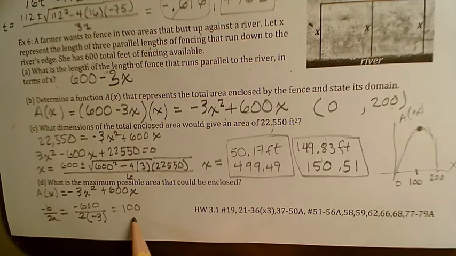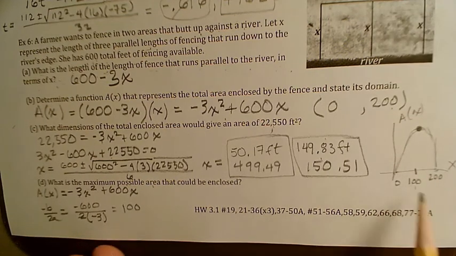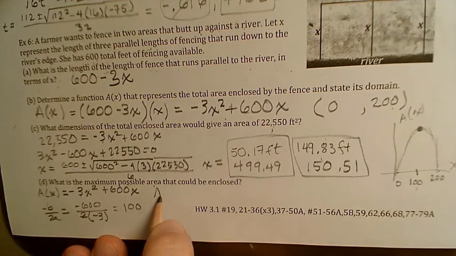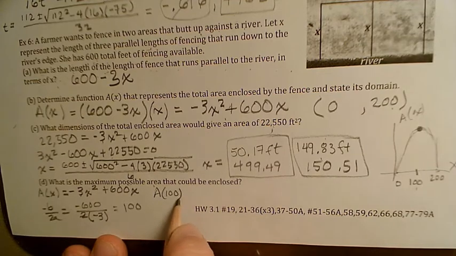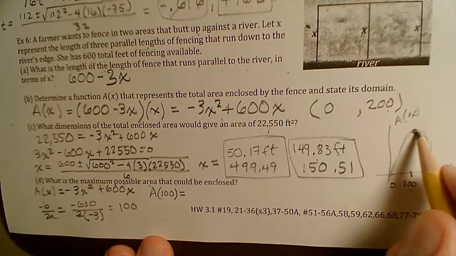So now, because they want to know what the maximum possible area is, they're not asking us for the x value that would generate that, so we want to find A of 100. We would simply plug that value in, essentially getting the y-coordinate of the vertex, right?